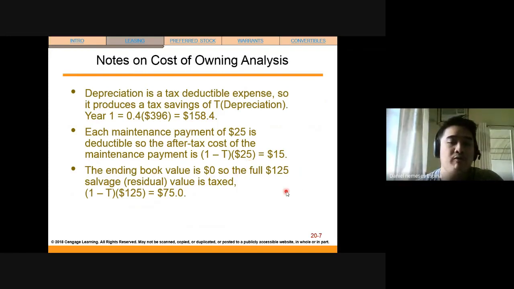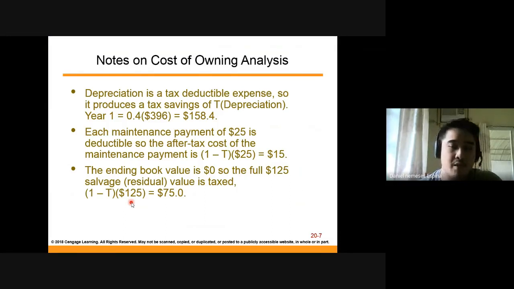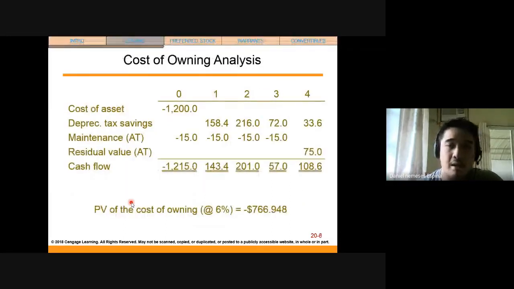The ending book value is zero, so the full 125 salvage value is taxed. If the ending book value is zero at year 4, the residual value at the end of its life should also be taxed because it's part of the cash inflow.